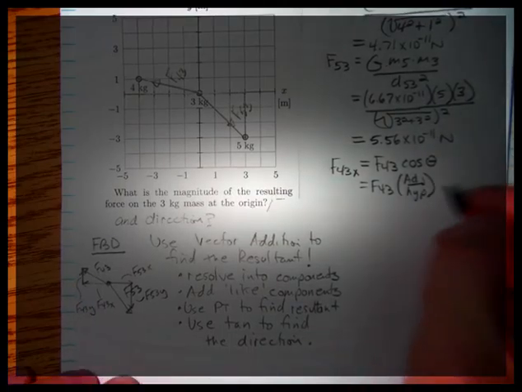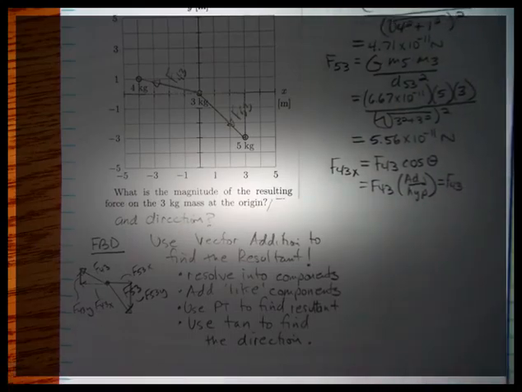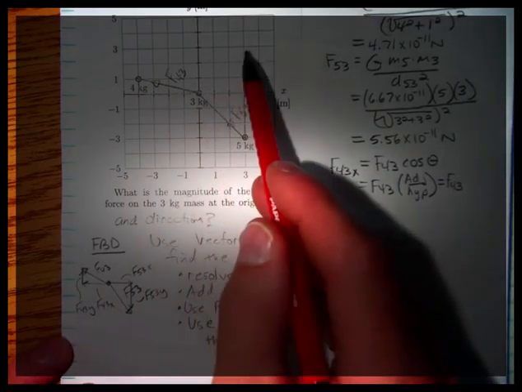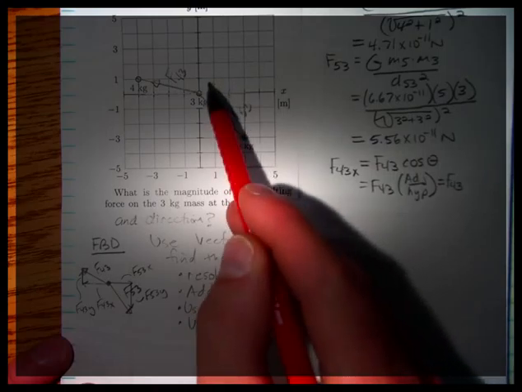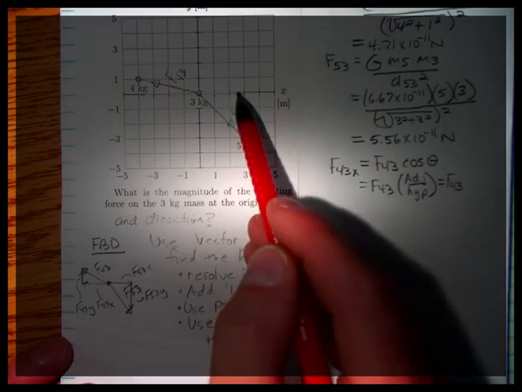So what is the adjacent over the hypotenuse? Well, it's hard to see because this vector right here is not in the first quadrant. If this was in the first quadrant and the angle was measured from the positive x-axis counterclockwise, then you would immediately see that the x component is the adjacent side.